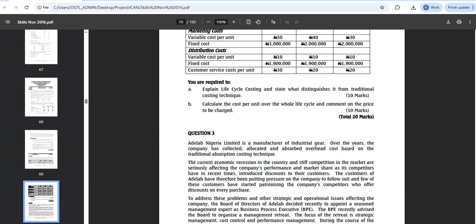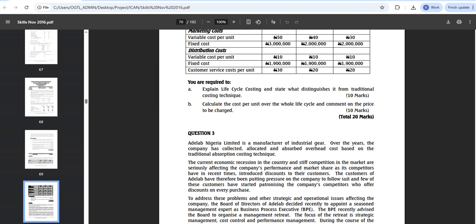Your fixed cost for year one is different from your fixed cost for year two. Your non-current asset for year two is different from your non-current asset in year five. Am I right? So life cycle costing will separate them for you, but traditional costing will not.